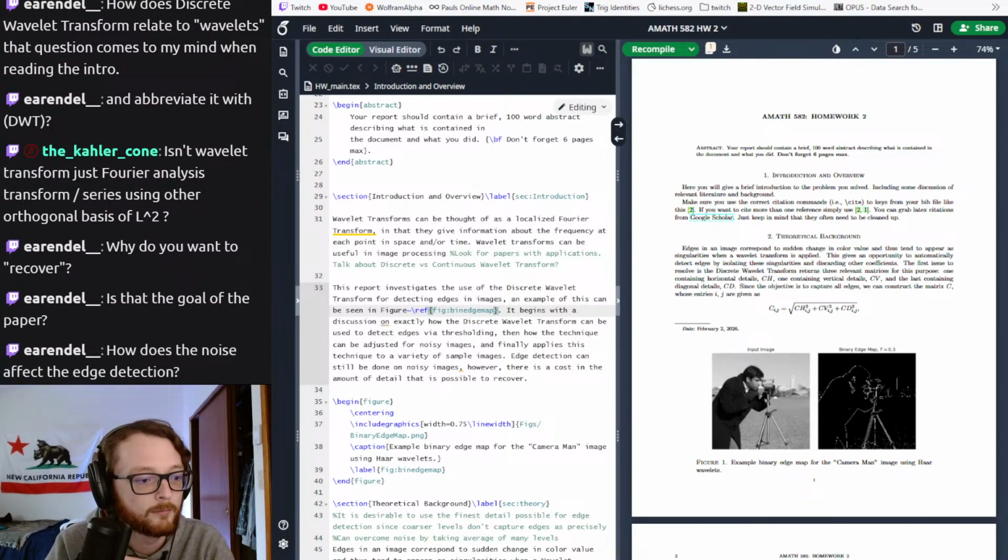Basically, yeah. How noise affects edge detection. And just whether and how you can do it in general.